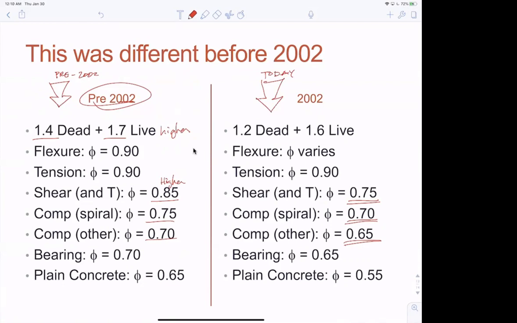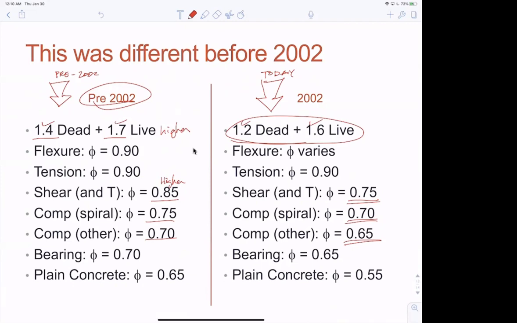Then when steel came in, steel used the real numbers, 1.2, 1.6. So in the old days, you would have to do a structural analysis for concrete with these numbers and redo the structural analysis with these numbers for steel. It didn't make any sense.